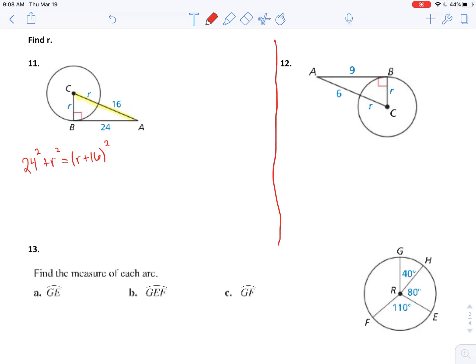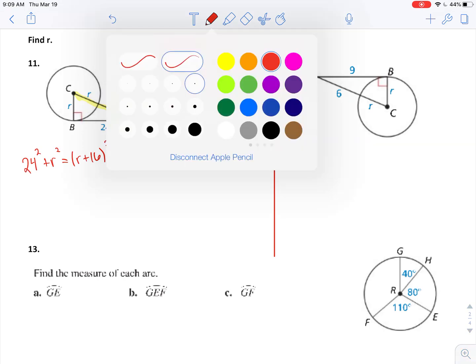And now this is where we've got to double distribute or FOIL out the R plus 16. So squaring a number just means multiply it by itself. Take our first product, R squared, outer products, a positive 16R, inner products, positive 16R, and the last product here, 256.